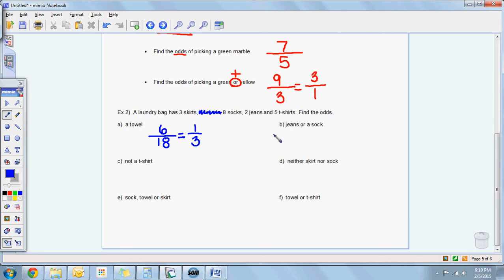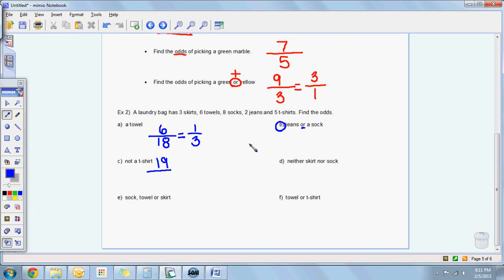Okay. Next one, actually I want you to try letter B on your own. Remember you have that word or there, so be careful of that. Let's try C. So what are the odds of not picking out a t-shirt? Let's bring back these towels. So not a t-shirt. We have to count up everything that is not a t-shirt. So we're going to count all of these up and we get 19.